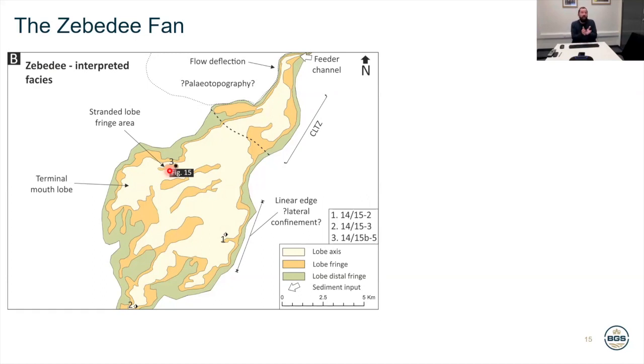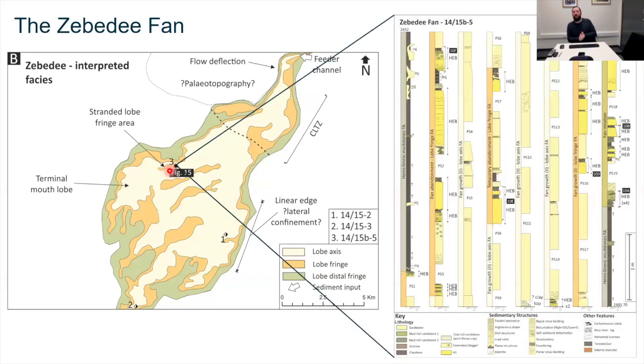And these areas, you might imagine, might receive quite a diverse assemblage of flow types. You might get lower energy flows that are rapidly decelerating, potentially resulting in hybrid flow, other flow types in these areas. And that's exactly what you see when you look at the core.